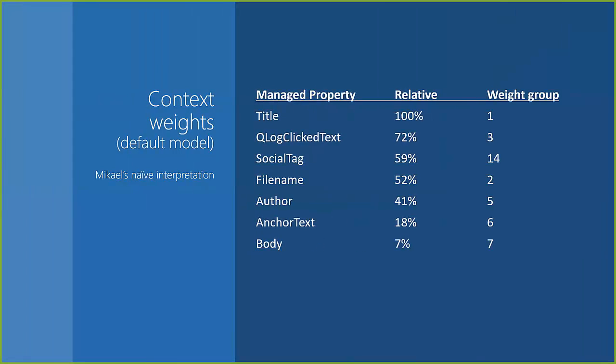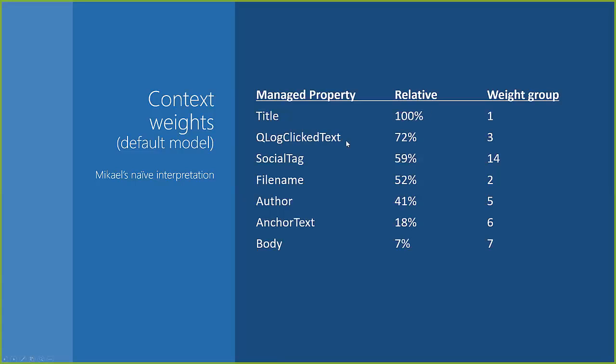So if we look at the context weights and at my naive interpretation of the rank model: in the default model, title has the most weight, which is in weight group number 1. So if you have a column you want to be as important in free text search as title, you would add that to weight group number 1.